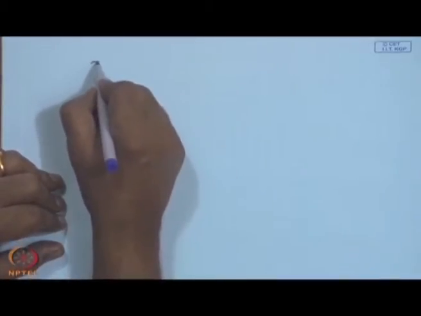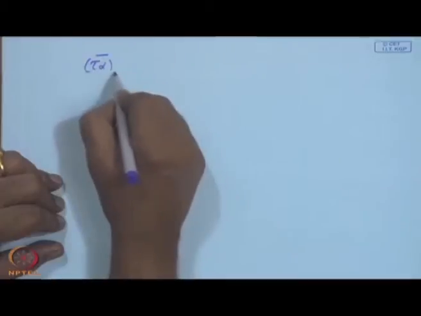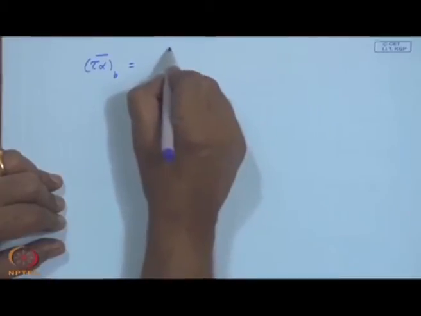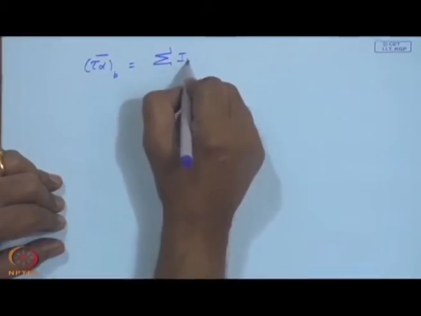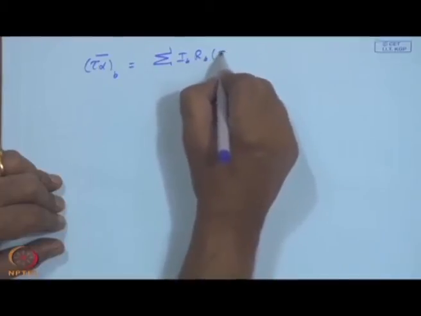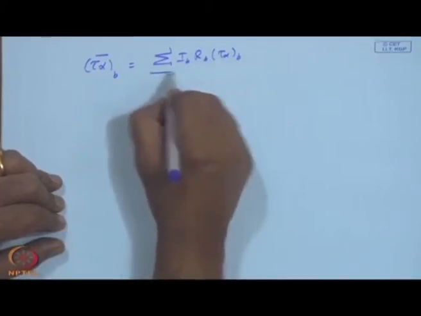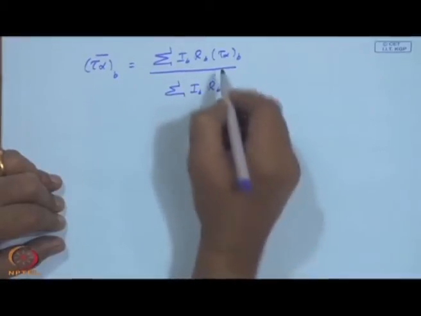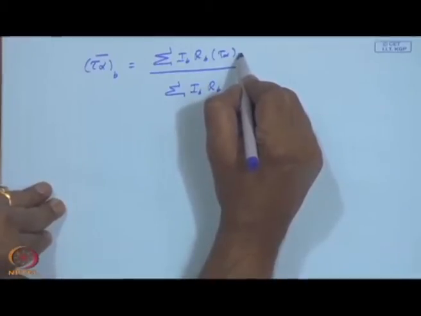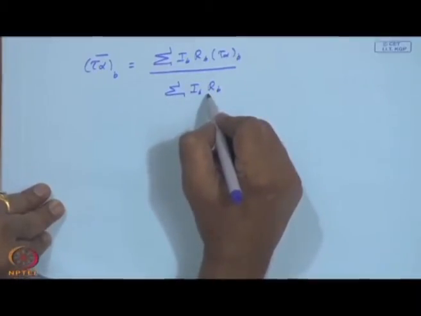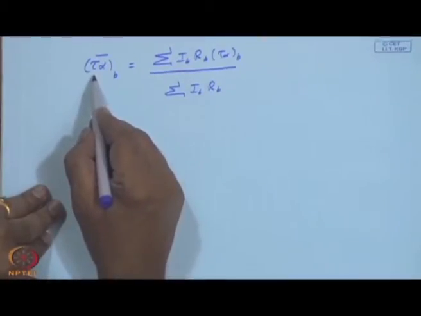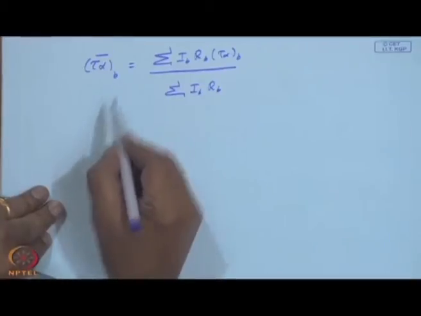However, since I b changes, this tau alpha bar for direct radiation should be defined as a weighted average: the absorbed direct radiation by the absorbed radiation falling on the collector, which will give you the average transmittance absorptance product for the direct radiation.